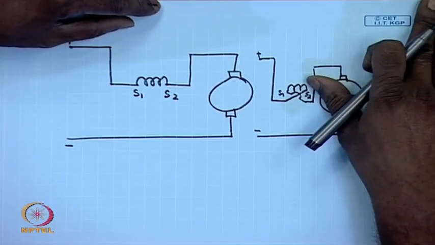Even with this, it is not possible to obtain regenerative braking characteristics of the DC series machine. The reason is very simple and can be understood as follows.